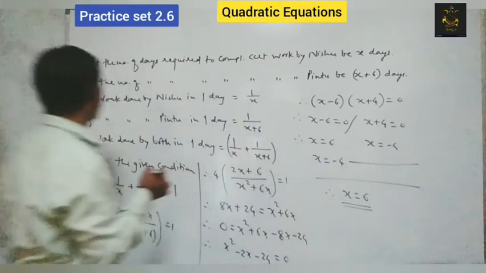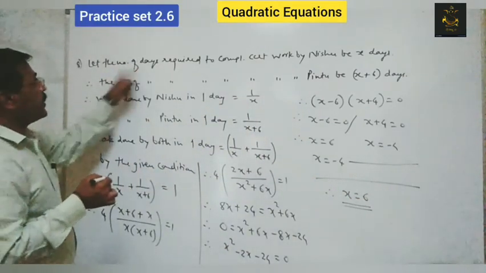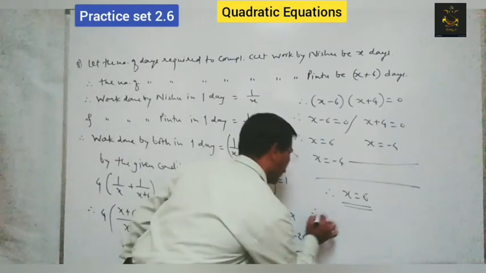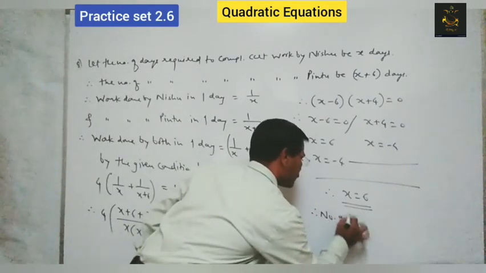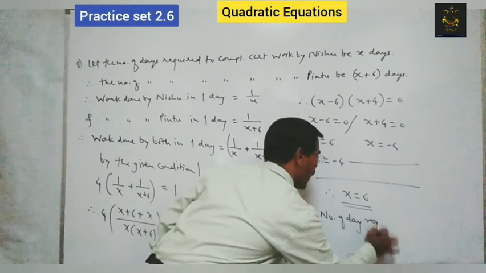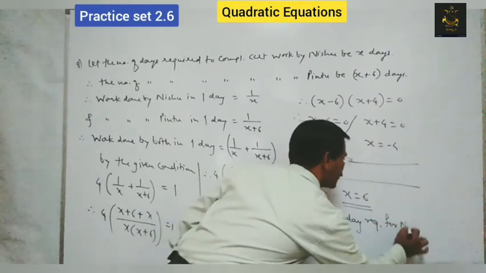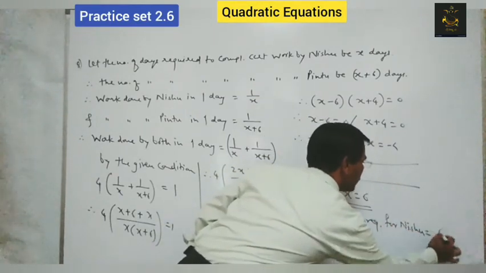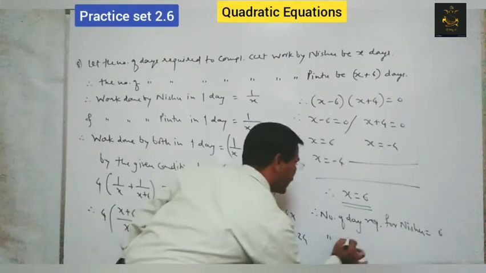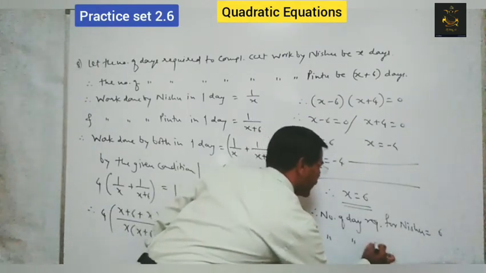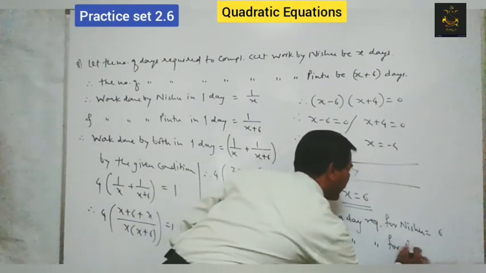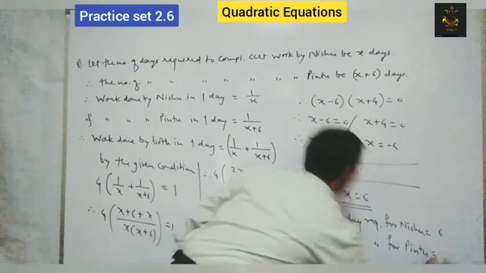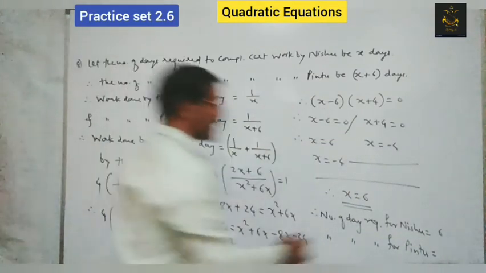What is this 6 here? This is for Nishu. So number of days required for Nishu is 6 days. And very similarly, number of days required for Pintu. How much? This is nothing but x plus 6.